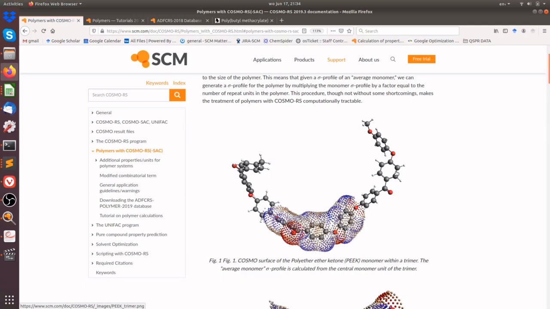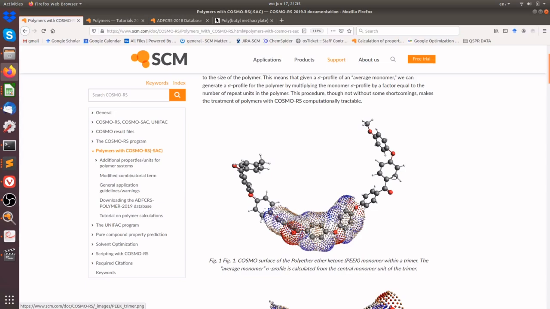This of course is an approximation, but our studies and comparisons to experimental values of activity coefficients seem to suggest that this approximation doesn't really introduce too much error. In fact, the errors that we observe with using this approach track very well with the errors we observe using COSMO-RS just for small molecule calculations.